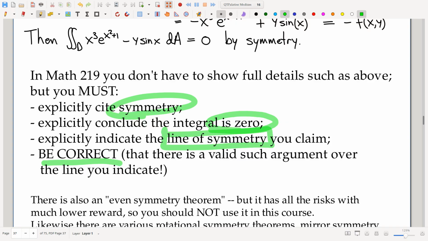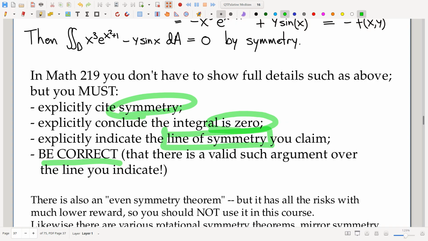So what I have seen several times, and this is a tragedy, and it's very frustrating: a student will see one of these situations where maybe the domain is symmetric, but maybe the integrand's not odd. And the student will say, hey, this integral is 0 by symmetry over such and such a line. Well, the domain's symmetric over that line.